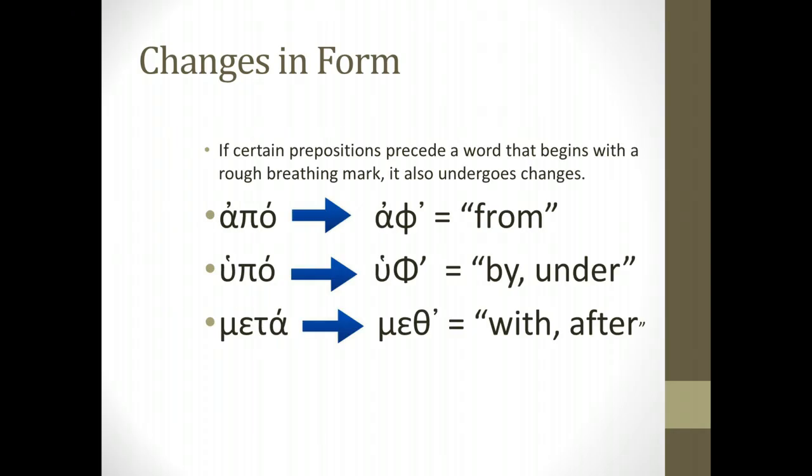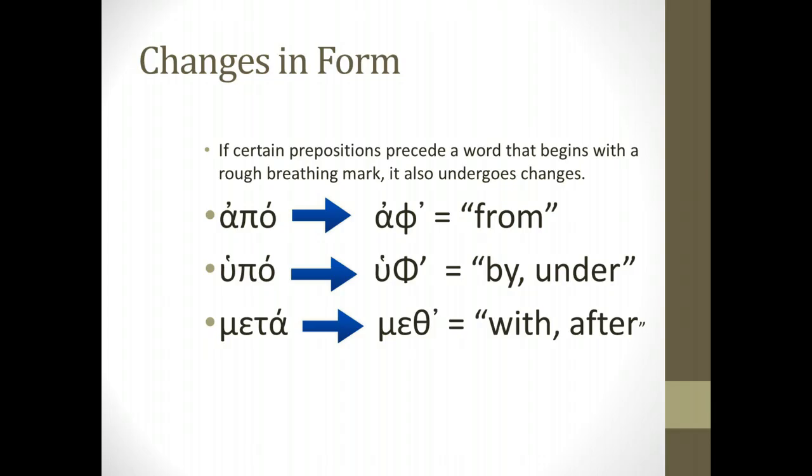If, however, that preposition comes before a noun whose initial vowel has a rough breathing, like huios, for instance, the word for son, then take a look at the elision and change that happens. Apo not only drops the omicron, but the pi changes to a phi, and it becomes aph.